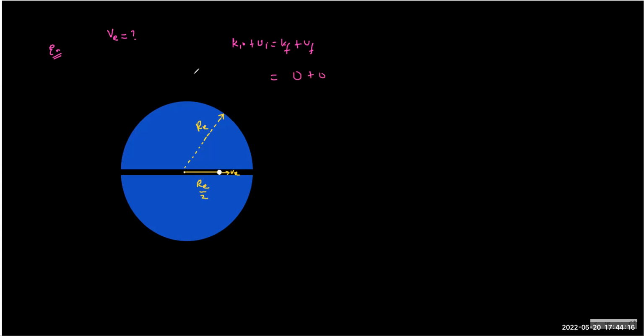So the initial kinetic you can write as half m v escape square, but the potential will be m into potential at point P, just like q into V_P. And why am I writing this? Because the potential inside the solid sphere was the difficult formula.